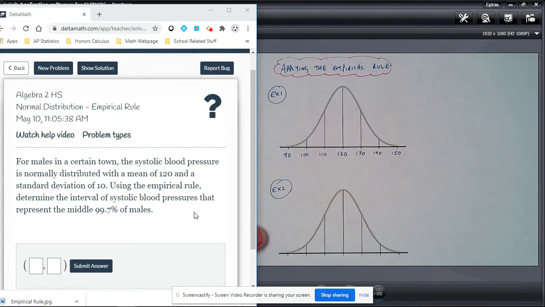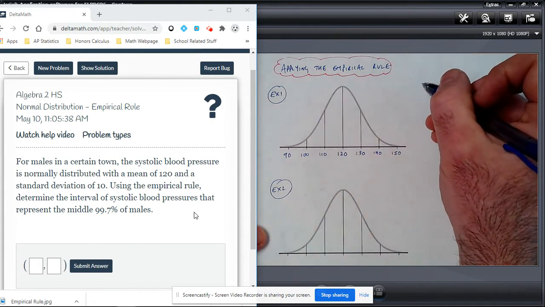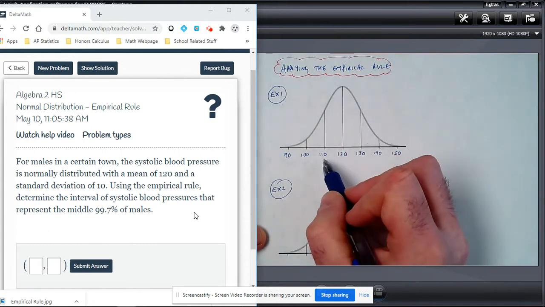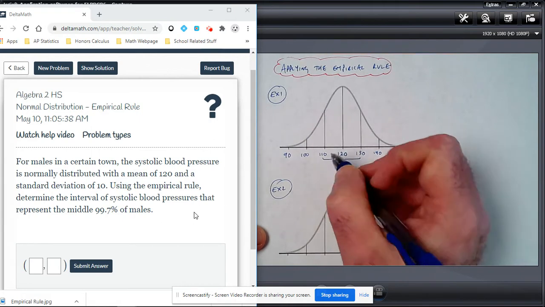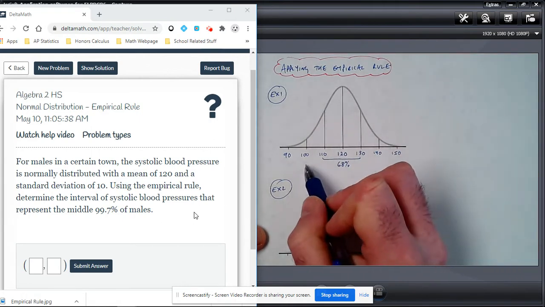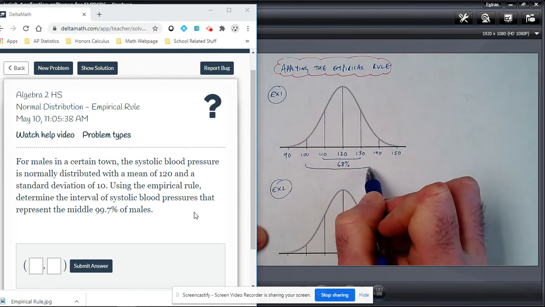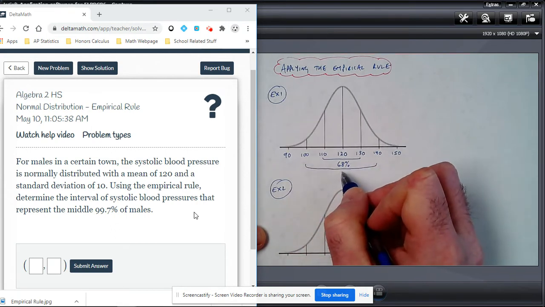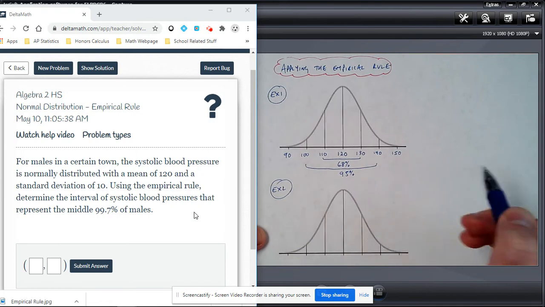Now we want to try and represent the middle 99.7% of males. So remember, when you're looking at one standard deviation, that's 68% of the data will fall there. If you're within 2 standard deviations, that's going to be 95% of the data.